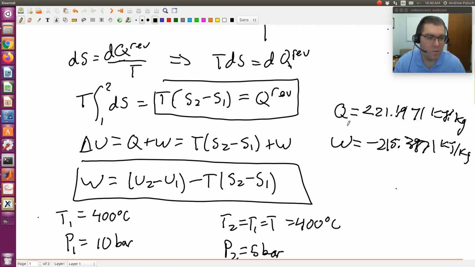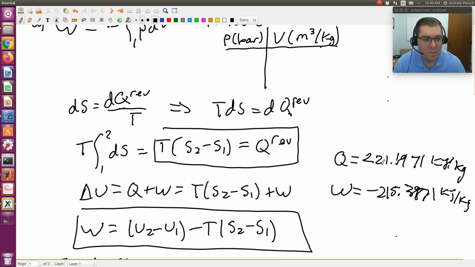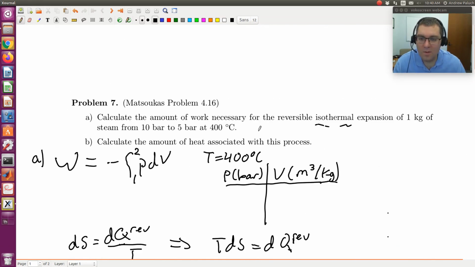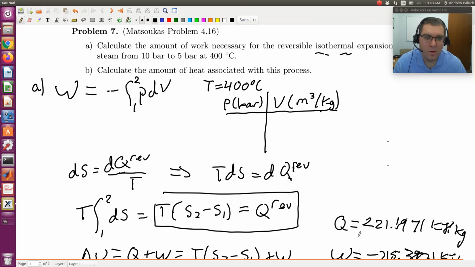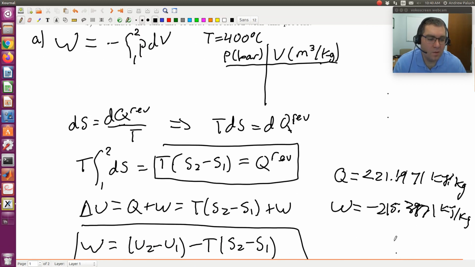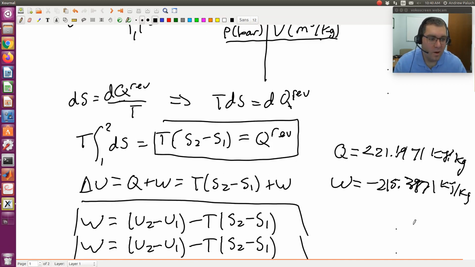Okay, so W is negative, so that means that work is done by our system. Q is positive, so it means heat's added to our system. And so we have reversible expansion. And so expansion, so negative work makes sense. And so then heat's required to expand our steam. All right, so all makes sense.